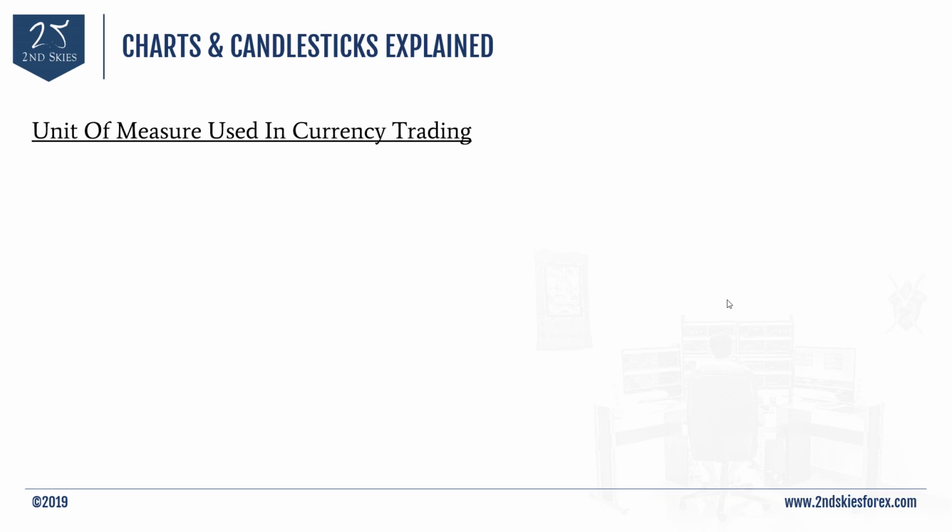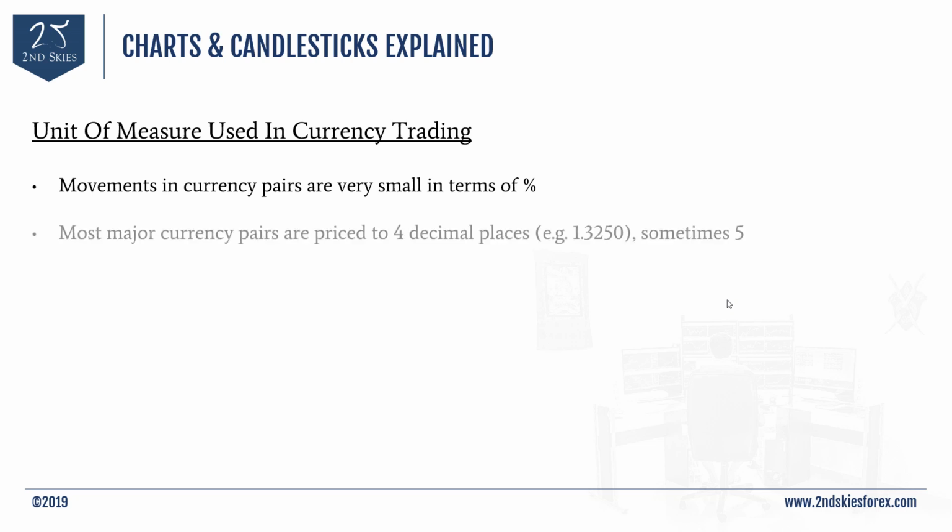But movements in currency pairs are often very small in terms of percentage. A particular currency can move up and down in a day, for example, 0.001%.